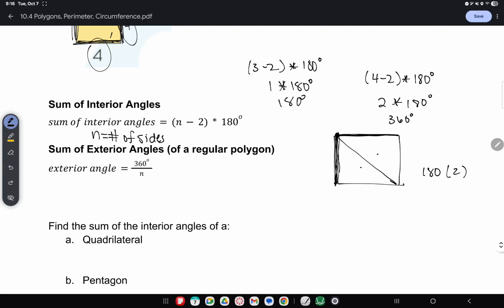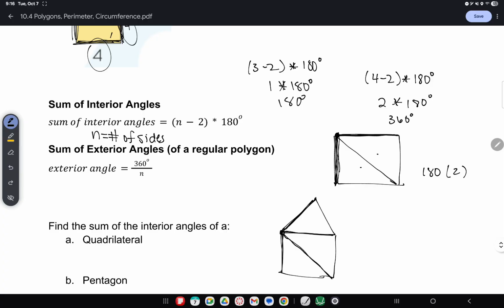I'll do another shape. So I'll do a pentagon. I cannot draw a regular one. So this is what my pentagon looks like. I'm just going to pick this vertex, and I'm going to connect to every single one of them. So there's one, there's one, there's one, and there's one.